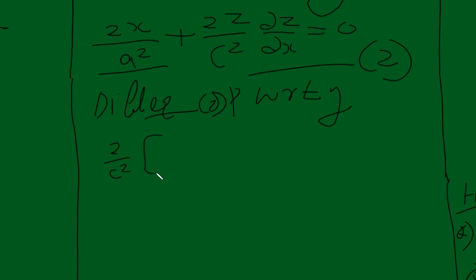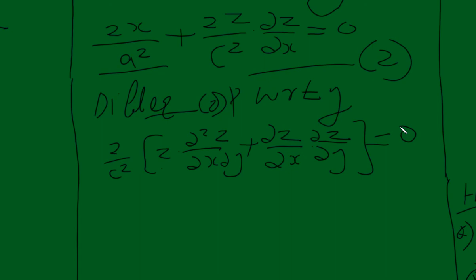Then first function dou square z by dou x dou y plus dou z by dou x into second function, that is z dou z by dou y. This is what we get when we partially differentiate equation number 2 with respect to y.